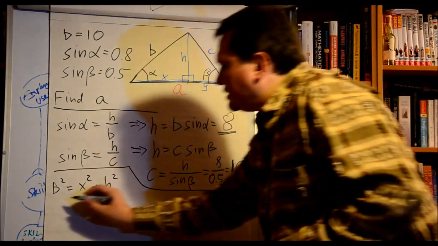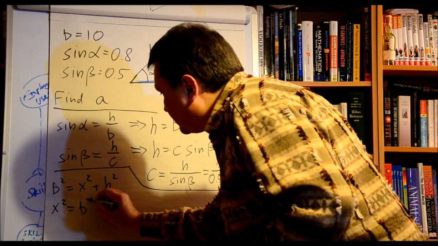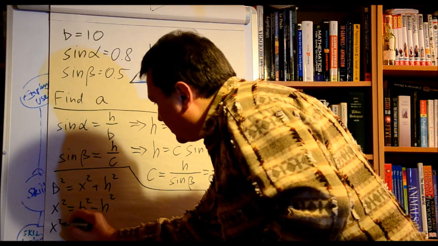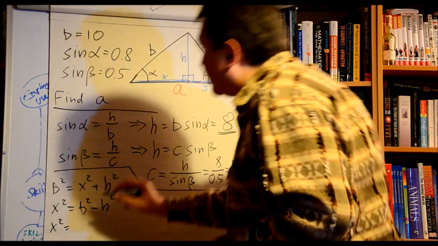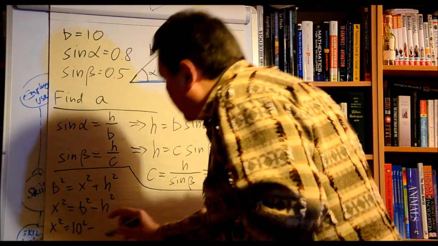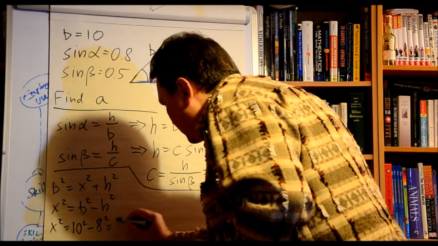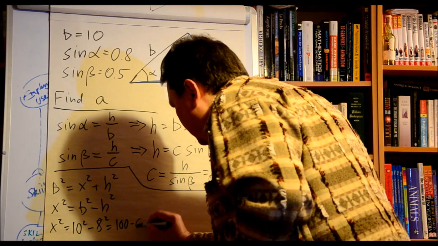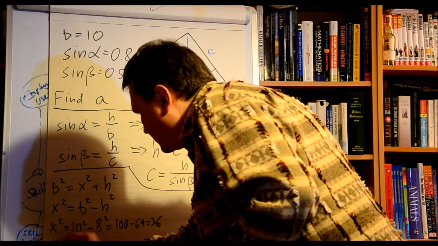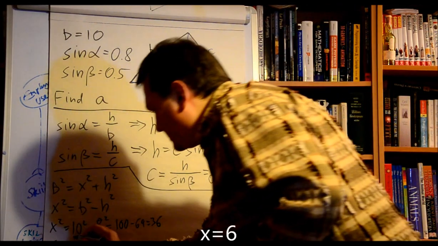From this I can easily find x square, which is b square minus h square. And now substituting real numbers, b square is 10 square minus h is 8. So it is 100 minus 64. It is 36. So my x equals a square root of 36. It's easy, it's 6.